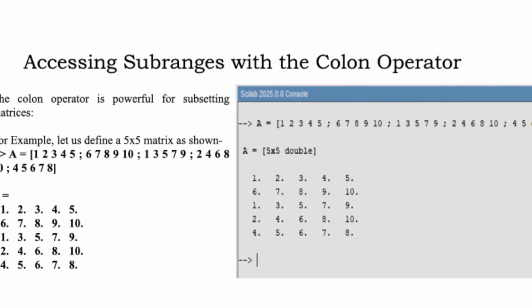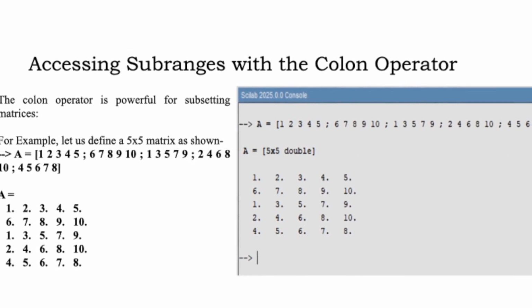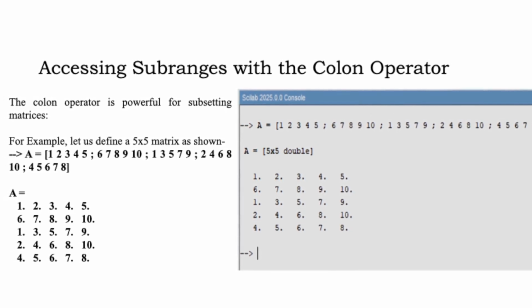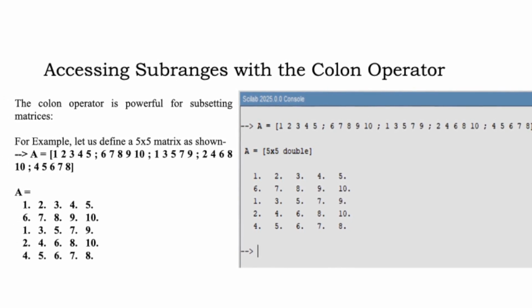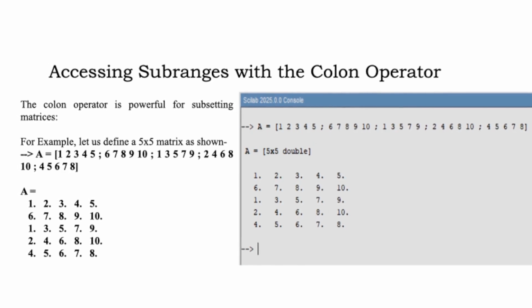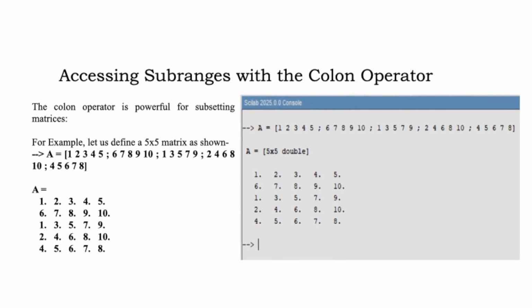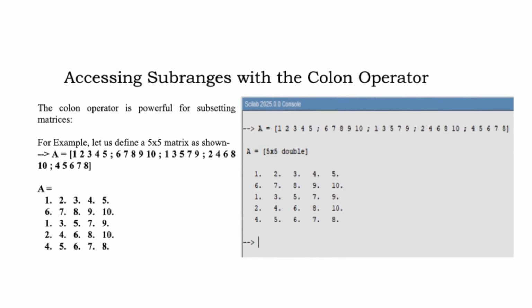Accessing sub-ranges with the colon operator. The colon operator is powerful for subsetting matrices. For example, let us define a 5 by 5 matrix as shown. A equals this 5 by 5 matrix that we can see here.